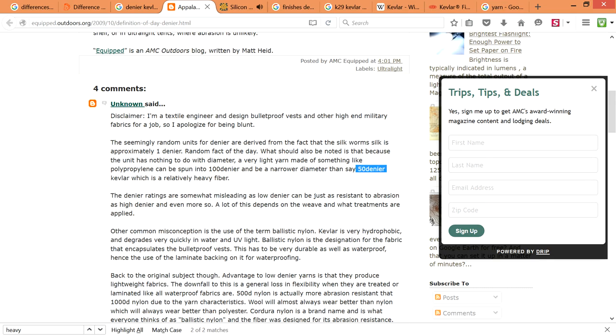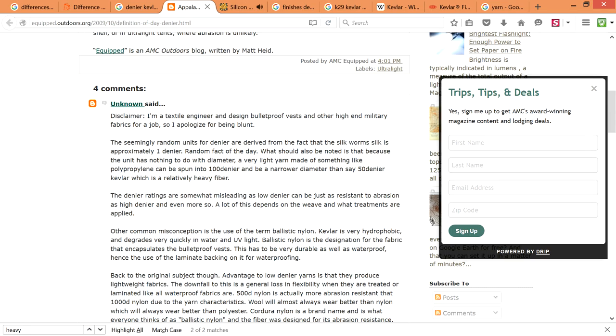So I think the lower, I don't know. It can be spun into 100 denier and be a narrower diameter. So I think the lower the value, because it says it can be spun into 100 denier and be a narrower diameter, say 50 denier, which is a relatively heavier fiber.